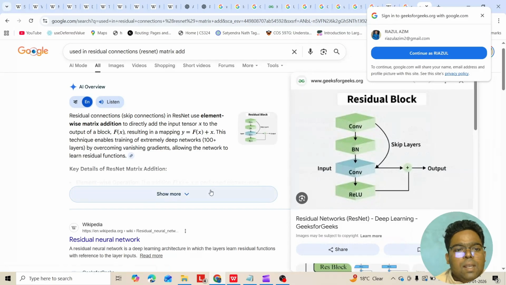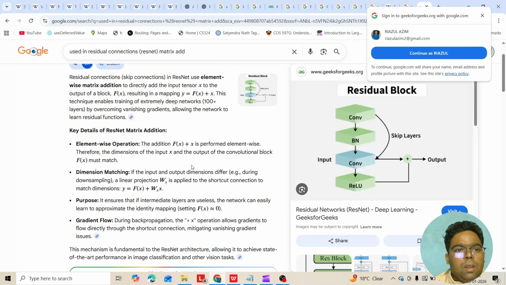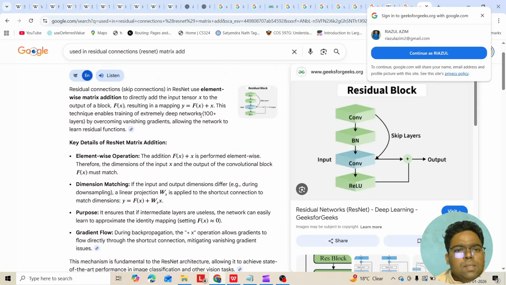It is nothing else but this part, y equals f(x) plus x. Here we are adding f(x) with x. x is nothing else but my input matrix, and f(x) is nothing else but the output of another block, right? So that is ResNet. Here we are using element-wise matrix addition.